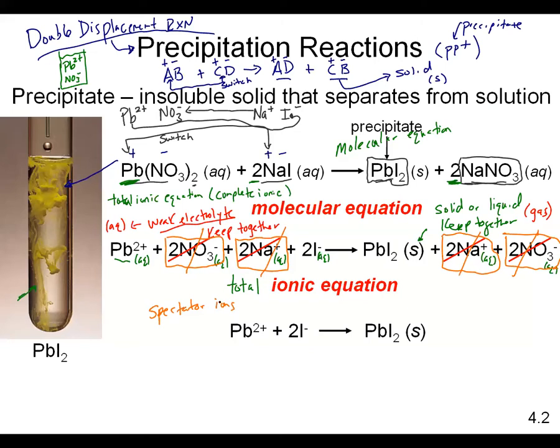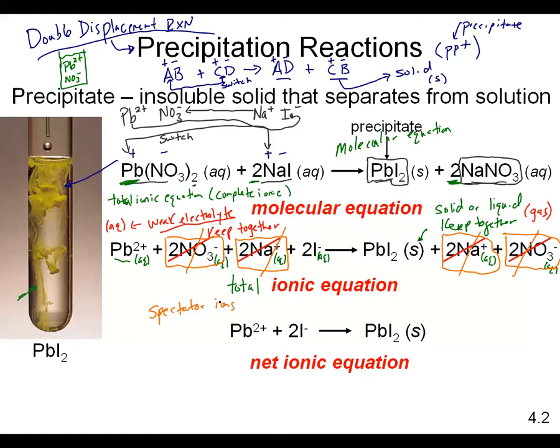So we typically will cross out our spectator ions, and what we're left with is this last type of equation that we see here. This is what is known as the net ionic equation. This is the equation that you get after you cross out all your spectator ions. It is truly the equation that describes what is happening in this reaction.